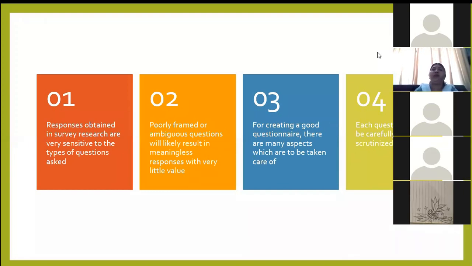Poorly framed or ambiguous questions are likely to result in meaningless responses with very little value. So for creating a good questionnaire, there are many aspects which must be taken care of, and before going for field investigation, the researcher, particularly PhD students, has to carefully scrutinize each and every question.